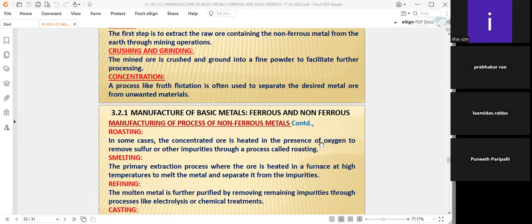In some roasting methods, sulfur and other impurities can be tapped. Other impurities, other than sulfur, can also be tapped in the roasting form or the smelting form, but it depends upon the nature of the material and the nature of the impurities it has. The lab study depends upon that, sir.